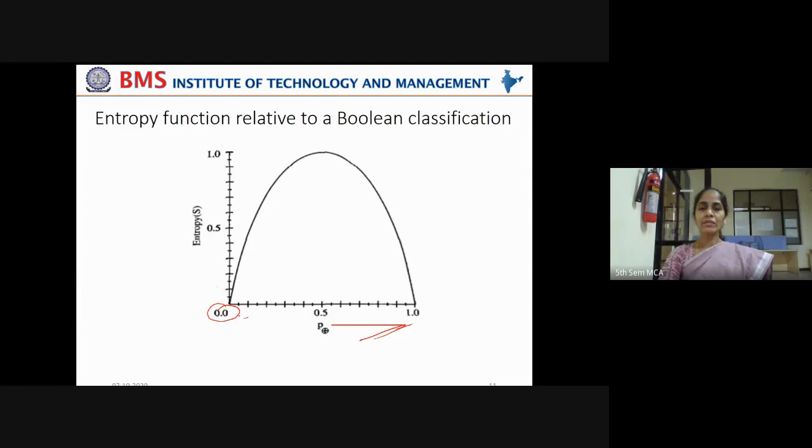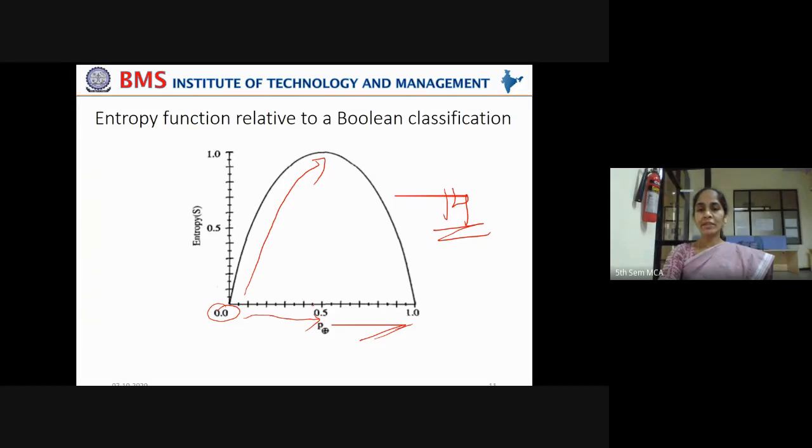Now, as the number of classes becomes equal, 50-50, say 7 positive classes and 7 negative classes out of 14 training examples, then the entropy will be highest because there is uncertainty.